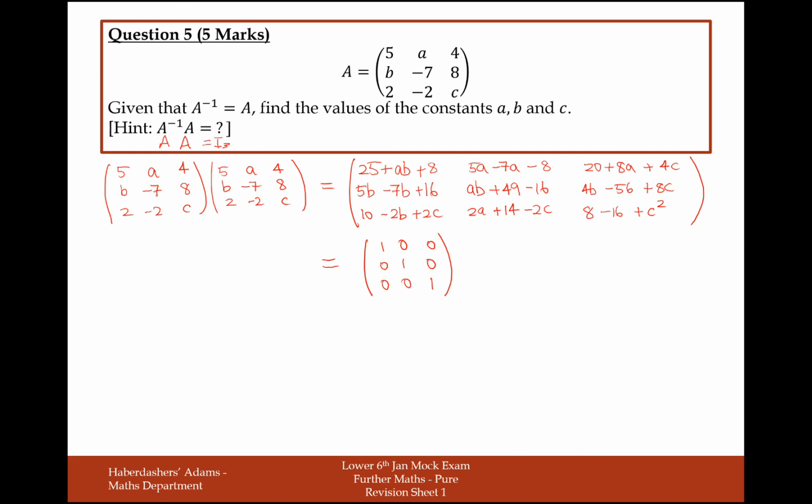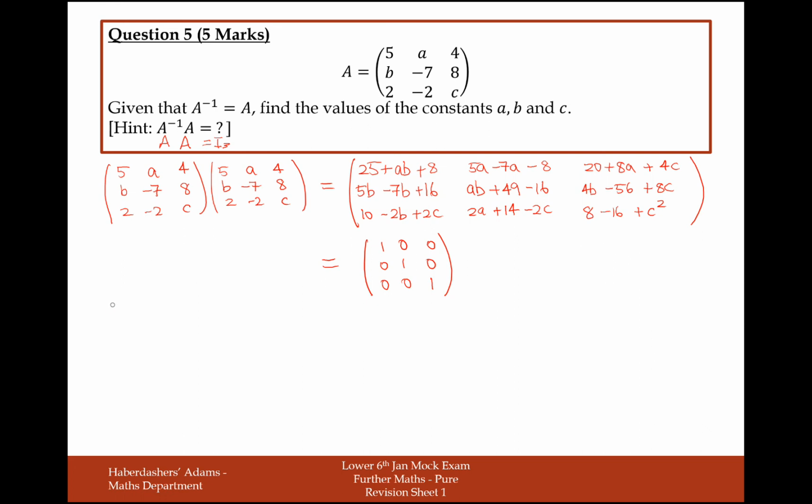So to make life easy for myself, I'm going to compare cells where there is only one letter in there. That way I won't have to use simultaneous equations. This middle top cell looks quite useful to me. It's only got a's in it, and I'll compare the middle top cell here with the middle top cell in the identity matrix.